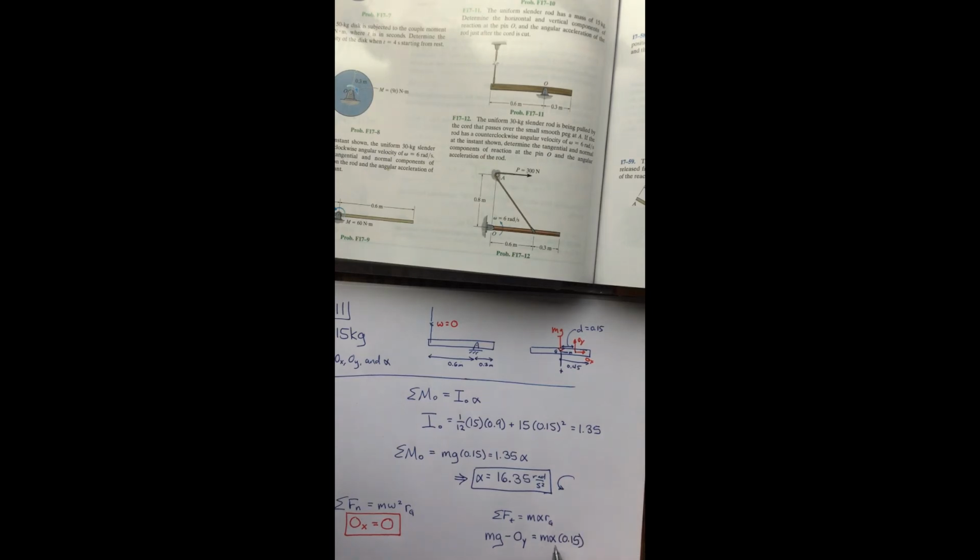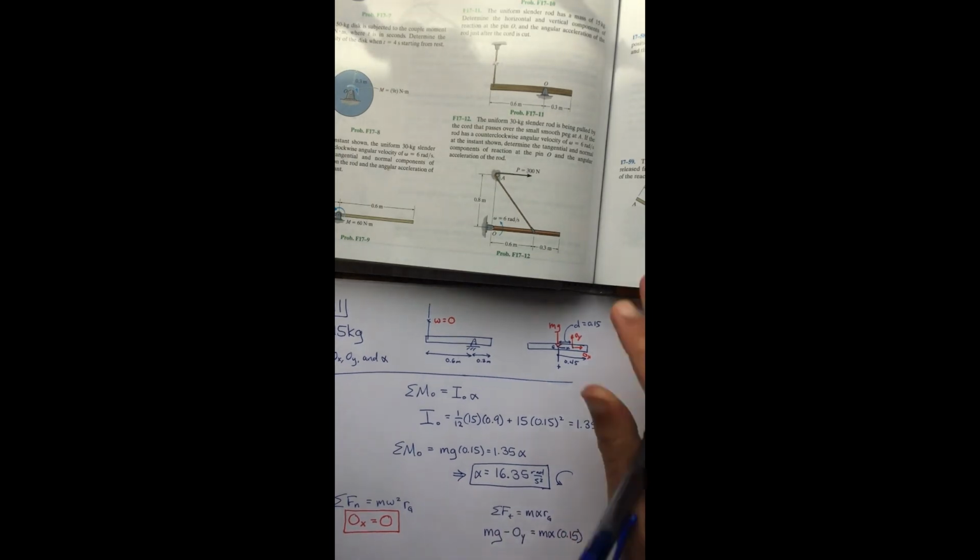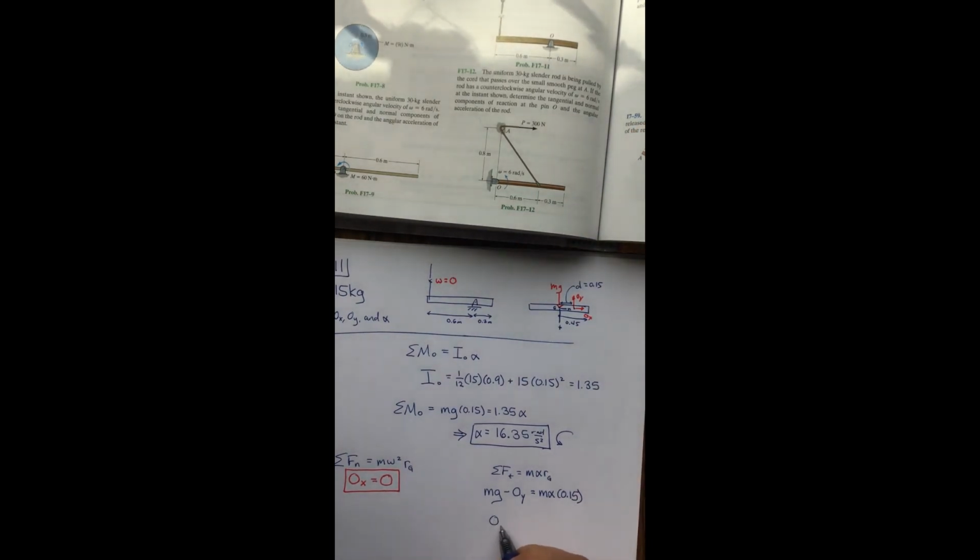I know the mass and I know the angular acceleration, so I can solve for the y component. If I bring this over to the other side, that's the mass times g, so 15 times 9.81 minus 15 times my angular acceleration of 16.35 times 0.15, and that gives me 110.4 newtons.